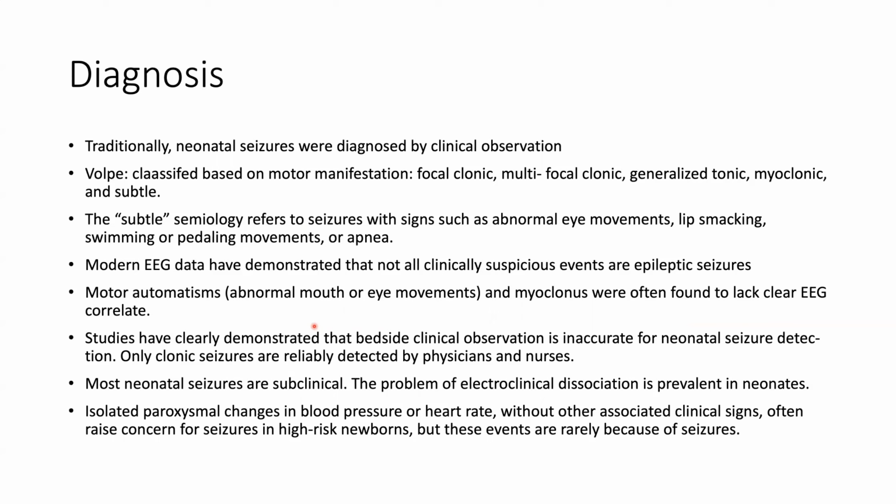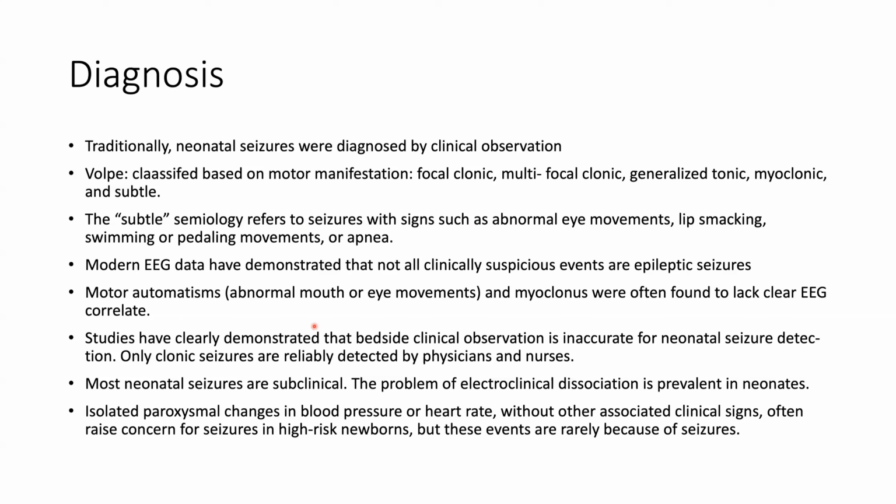or apnea. Modern EEG data have demonstrated that not all clinically suspicious events are epileptic seizures, particularly those with subtle manifestations and those like adult seizures, that is, generalized tonic seizures. These two particular semiologies, when they happen, you should always be suspicious that they may be non-epileptic or non-electrical events.